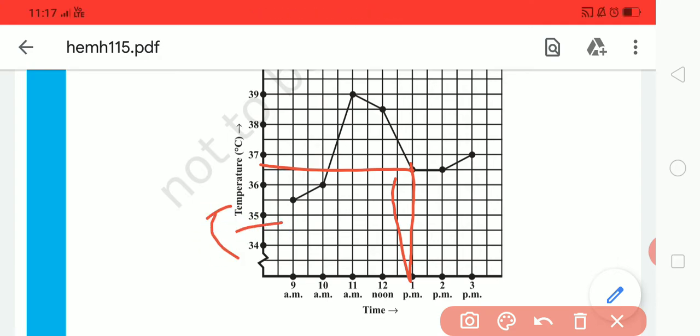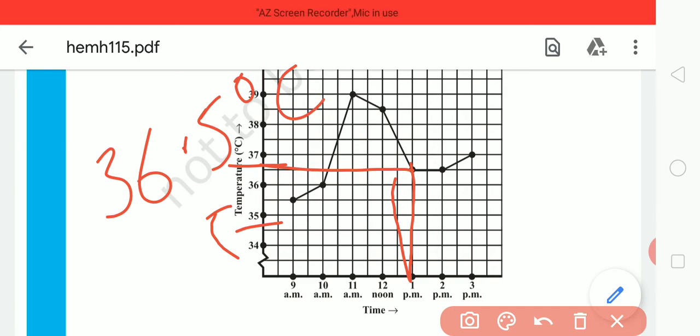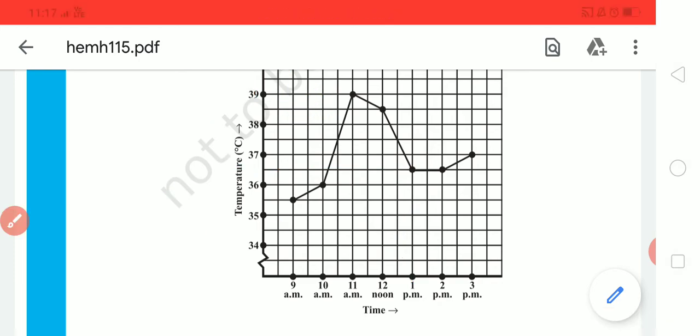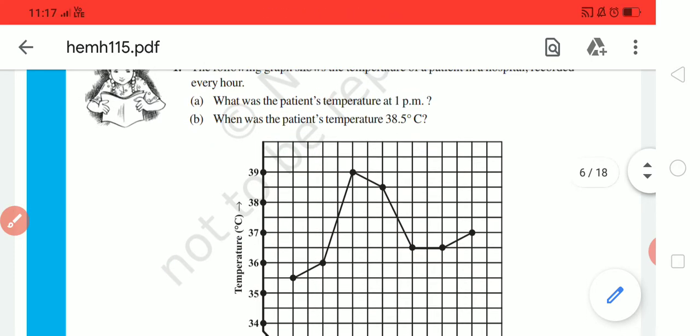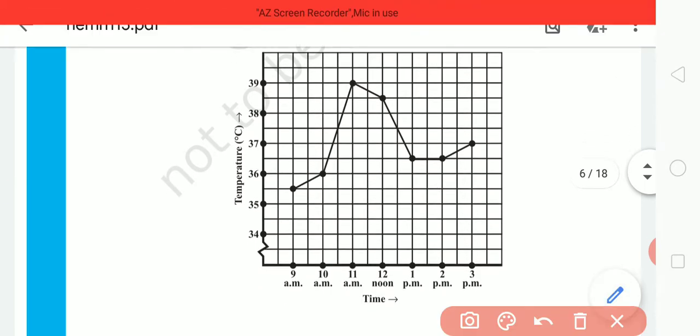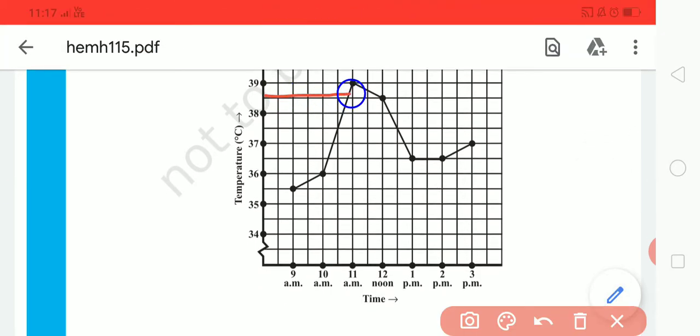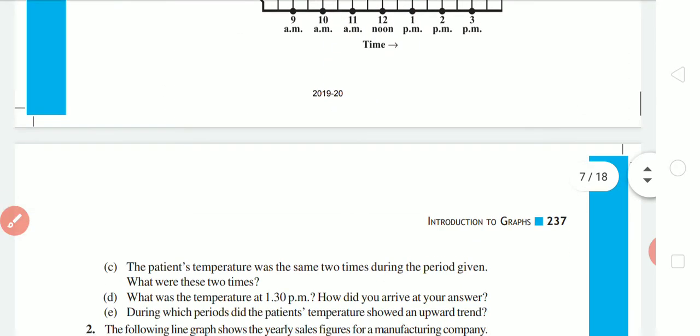So this line shows 34.5 and this line will show 36.5 degrees Celsius, right? And you are asked to tell 38.5 degrees. What is the timing for 38.5 degrees? This is 12 noon, right? So you can write the answers easily.